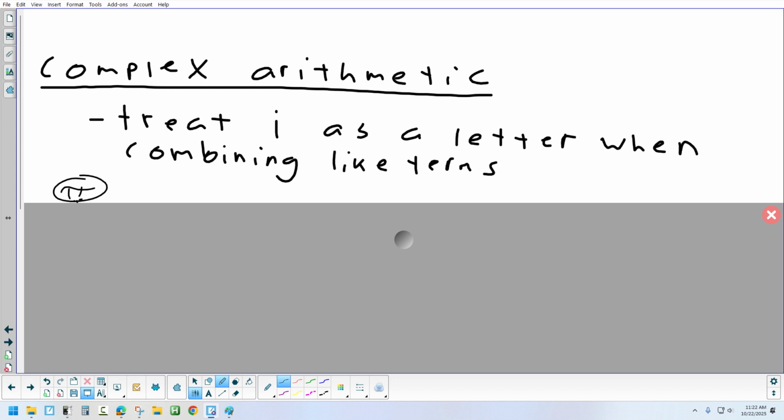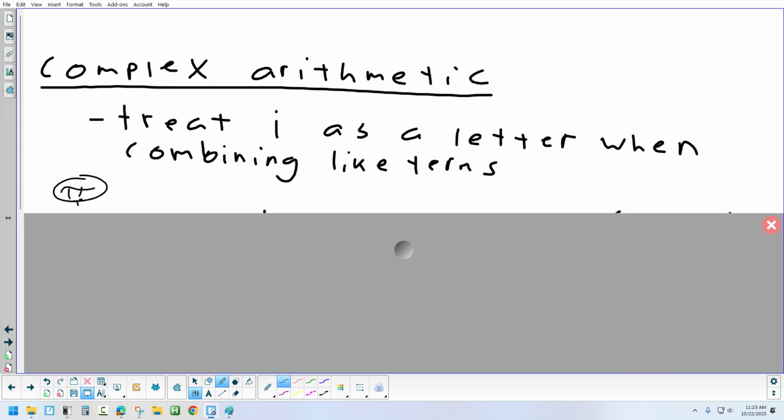But if you kind of think of it like a variable, you can use the rules you already know for combining like terms. Right? Like 2x plus 3x. That's 2 times a variable plus 3 times a variable. x is a variable. What would you get when you simplify that? 5x. 5 times your variable.